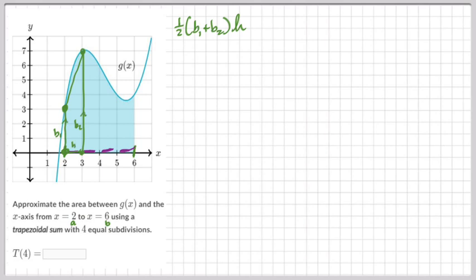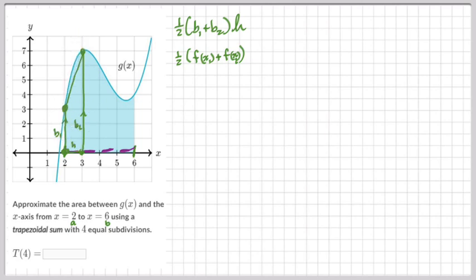So I can say 1/2 times the first height, we'll say the first X, and then we add the second X. If we plug in x sub 1, that'll give us the height right here. If we plug in x sub 2, that'll give us the other length right there.